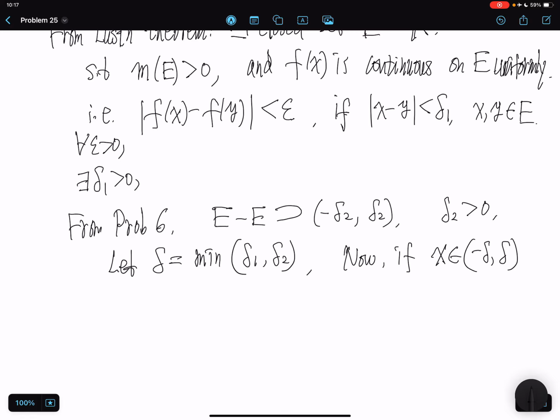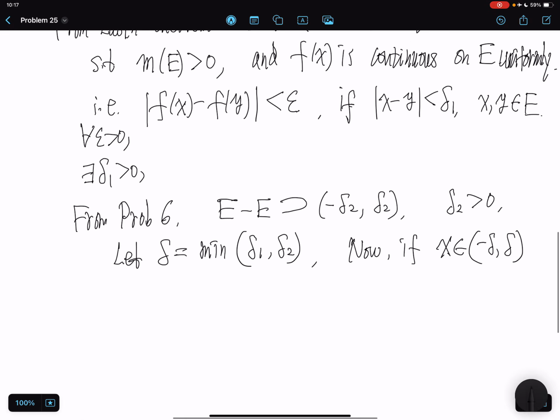If x is in this interval, then x is in E minus E, right?